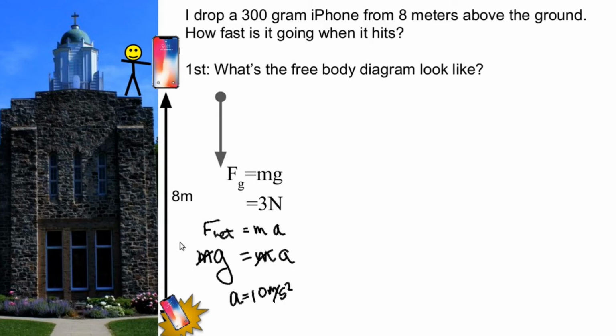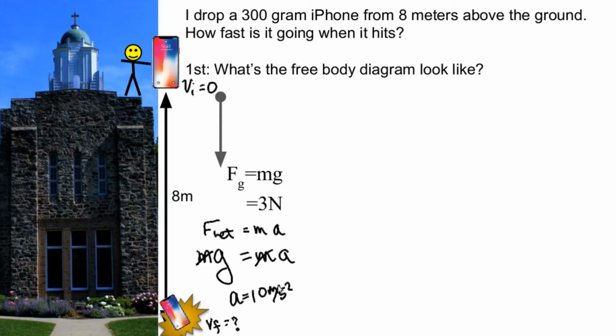So I could ask, how long will it take to fall 8 meters? Well, how far would it fall in 1 second? You might be thinking that it'll fall 10 meters, but the initial speed is 0, and the final speed, that's the thing I want to know. But what I do know is that the average speed will be the average of those two numbers.